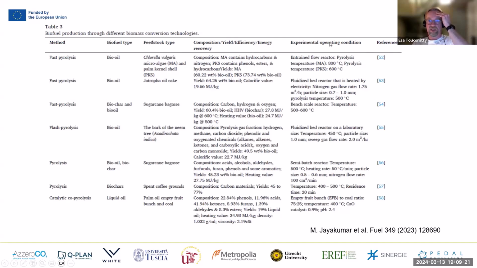Also the experimental conditions, so the temperature, pressure, and such that have been used in that processing. When we talk about pyrolysis, one could note that the temperatures tend to be quite high: 800, 600, 500 degrees Celsius, and so on.